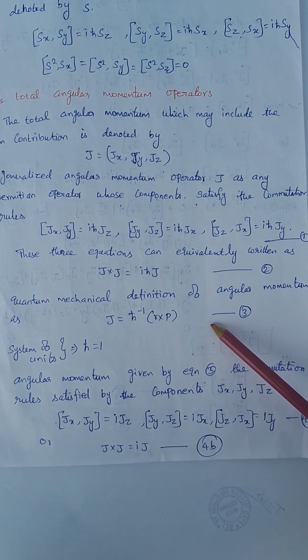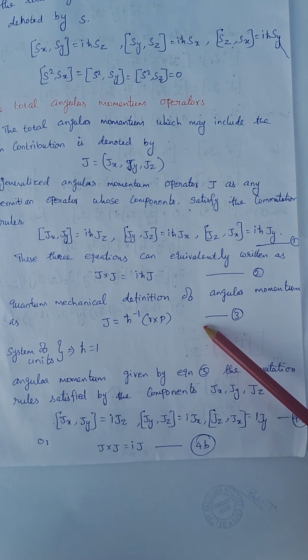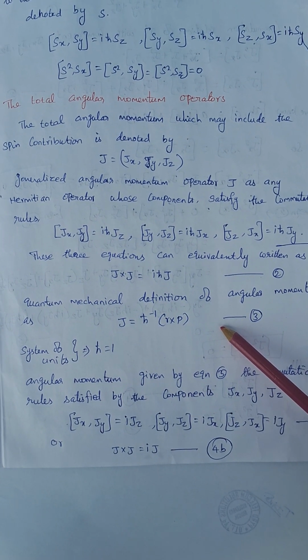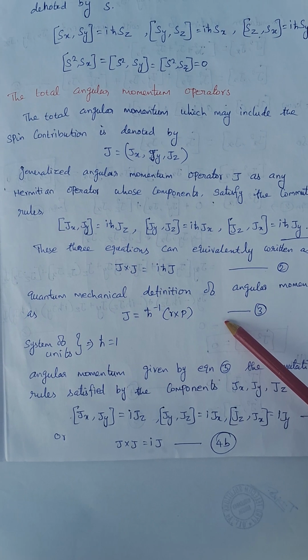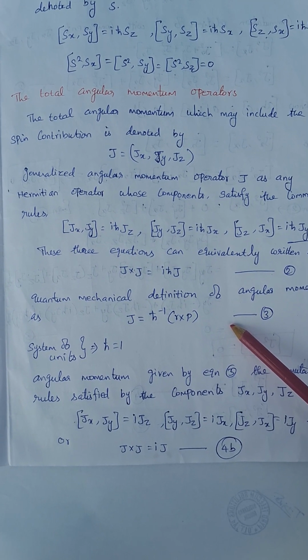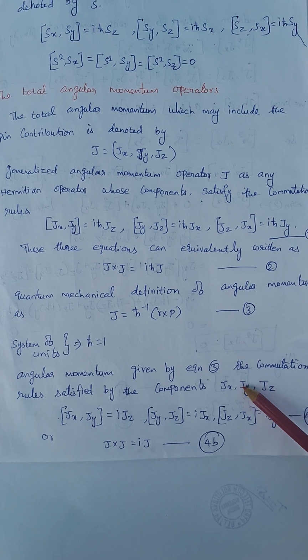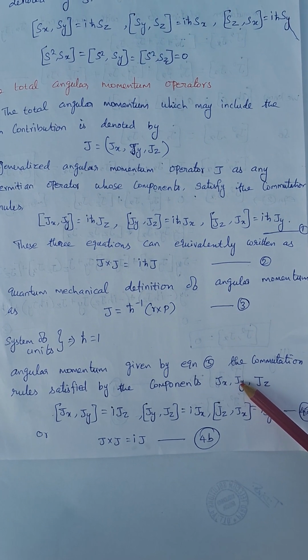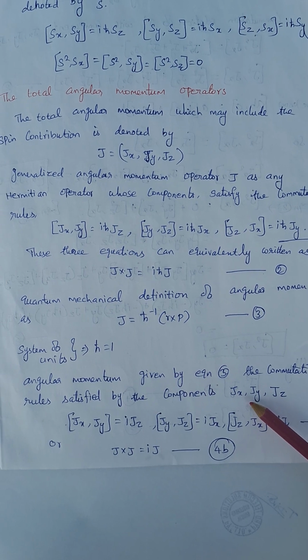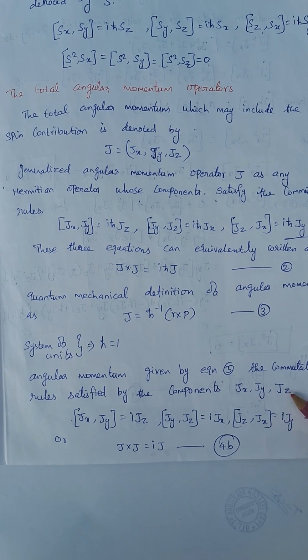The quantum mechanical definition of angular momentum can be denoted by J equivalent to ħ r cross p. If we consider the system of units where ħ equals 1, this angular momentum given by equation 3 satisfies the commutation rules for the three axes Jx, Jy and Jz.